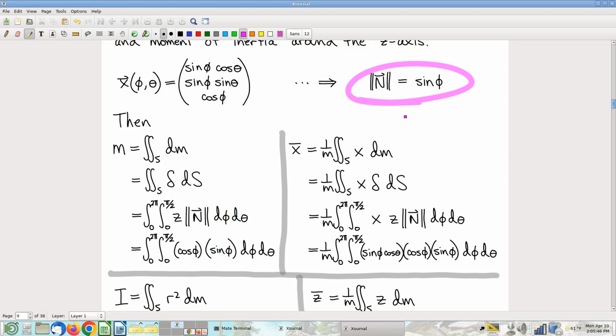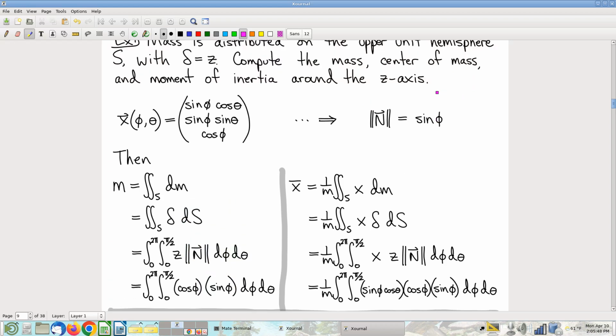Let's see here. We've got, here it is, density is Z. So let's plug in density is Z right there. And one last little detail, we have to ask ourselves, what is this Z here? Make sure to recall when you're plugging in, all of what you plug in comes directly out of the parameterization itself.